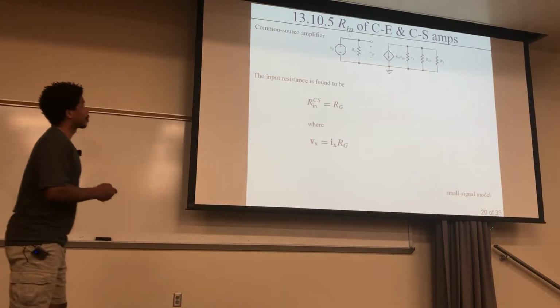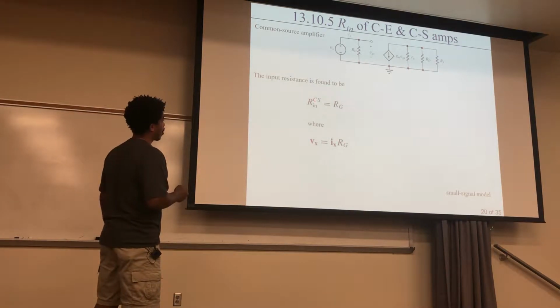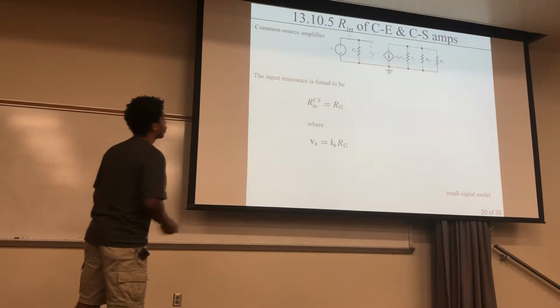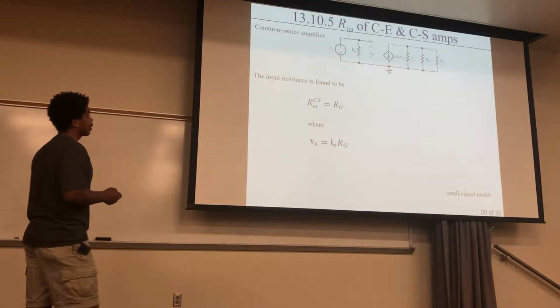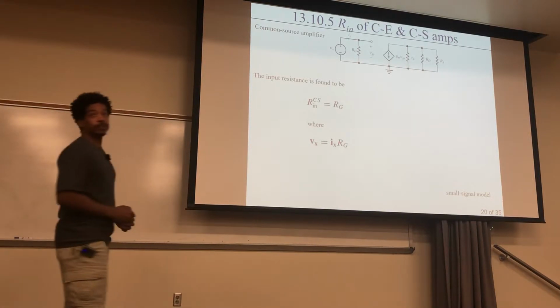And then, what you have here, you can see that your input resistance is just found to be Rin is equal to RG. That just remains right there. And that's just your open branch right there.